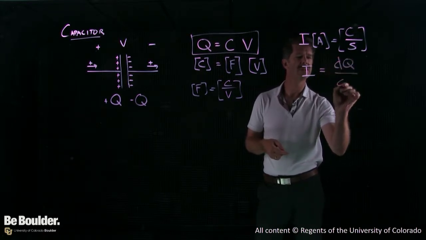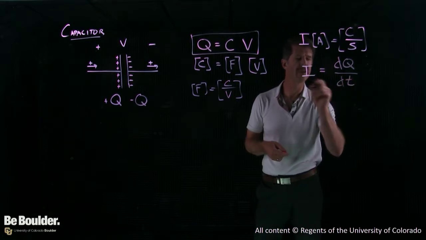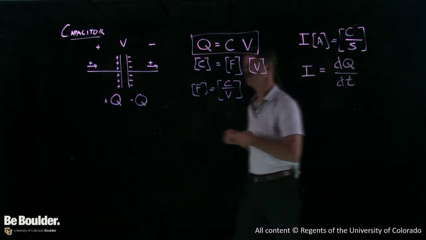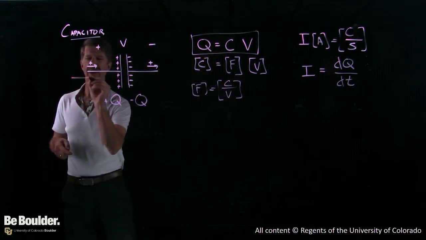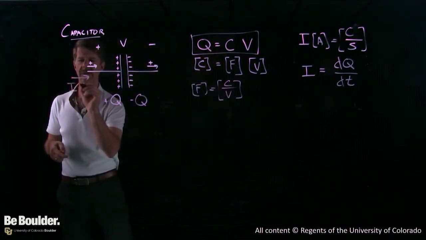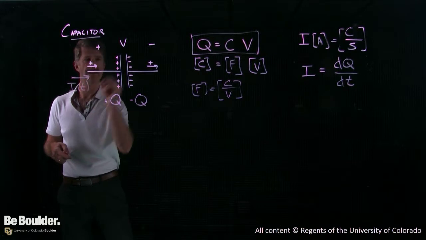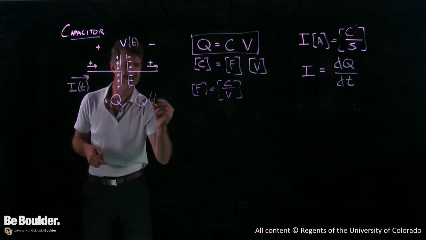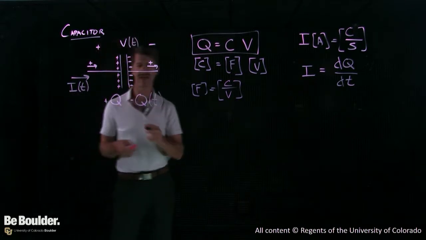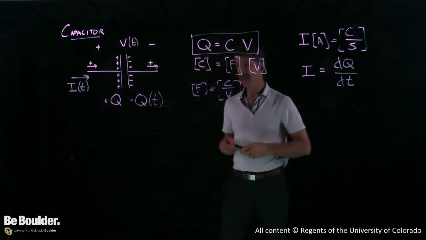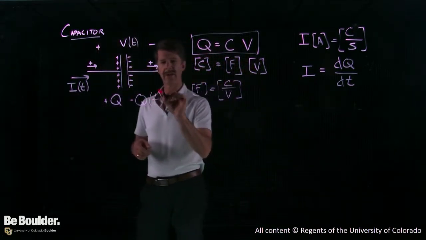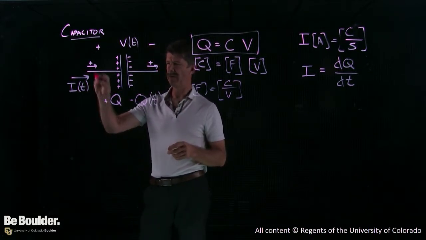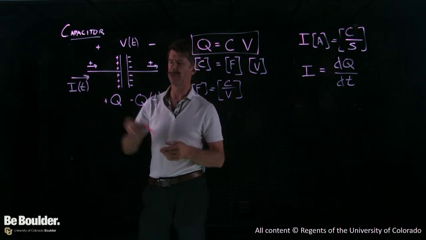The current is the time rate of change of charge, the time derivative of charge. So if we drive a current in here, and now we have to really label everything as a function of time, because these are time-dependent devices. They have a history. The time derivative of the charge built up on the plates is going to be equal to current.